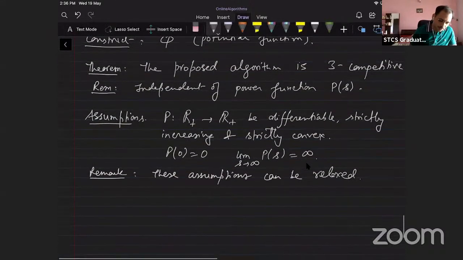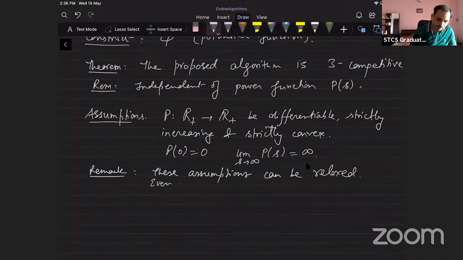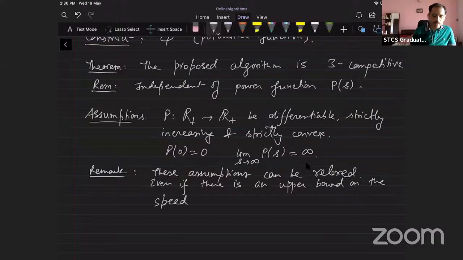And the most important one is that even if there is an upper bound on the speed, this is the most important one. See, the algorithm we have chosen for ourselves right now is P inverse of N of T plus 1. So if N of T grows, the speed also grows. But suppose there is an artificial constraint that a processor cannot work at a speed larger than some upper bound.